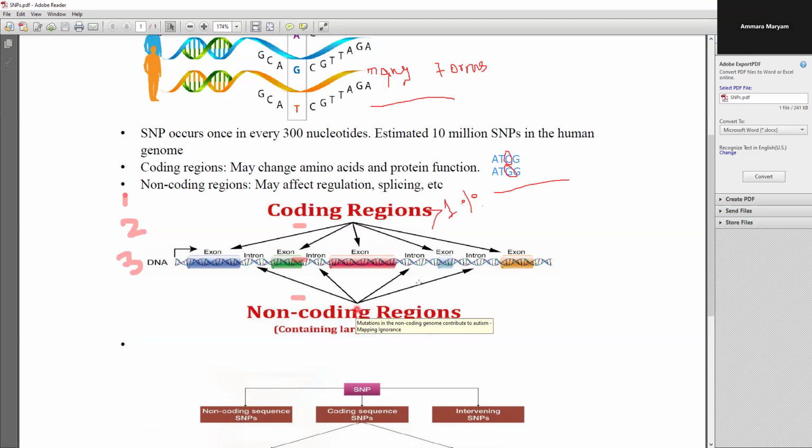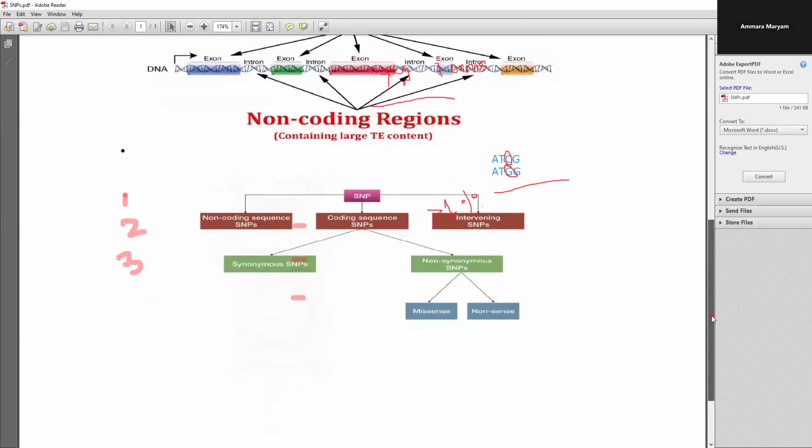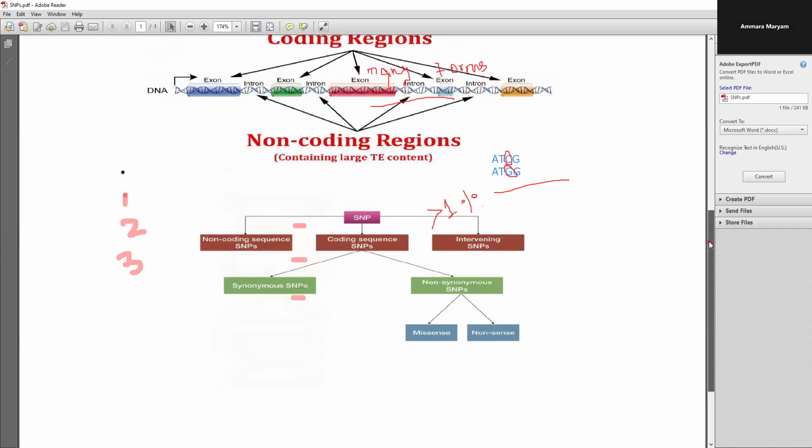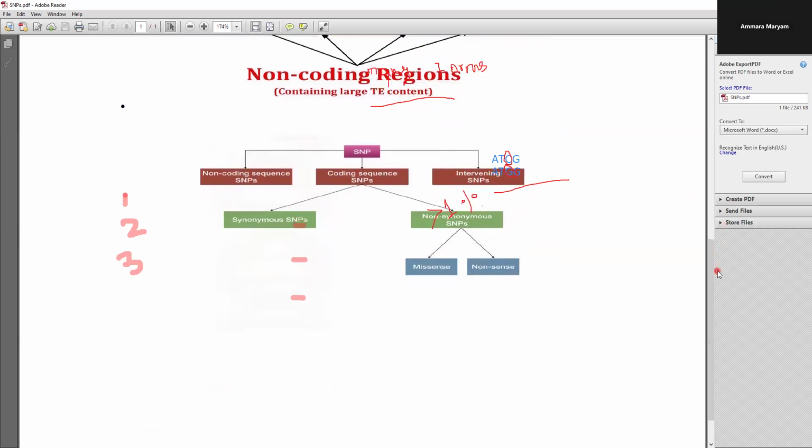Now these SNPs can be of many types. These SNPs can be present in the coding regions as well as the non-coding regions, and they are also present in the intervening regions between the genes. These are known as intervening SNPs. Now when we talk about synonymous SNPs, what are synonymous SNPs?